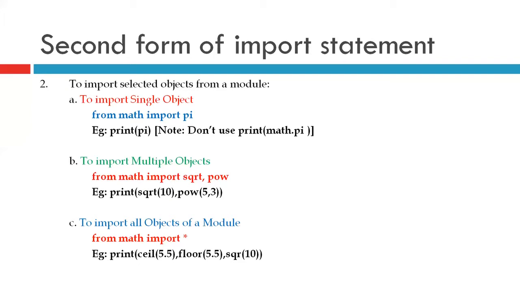In order to import multiple objects, that is more than one object, what is the command which we will use? From is the keyword. Which module name? The module name is math. What are you going to import? Import specific objects, namely sqrt and pow. In the print example I have given, print sqrt of 10, pow of 5, 3.